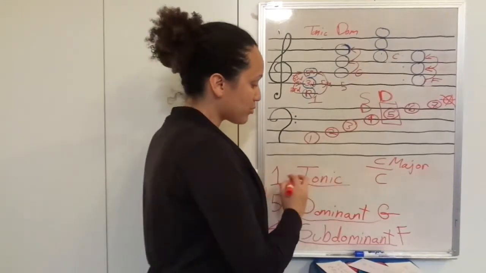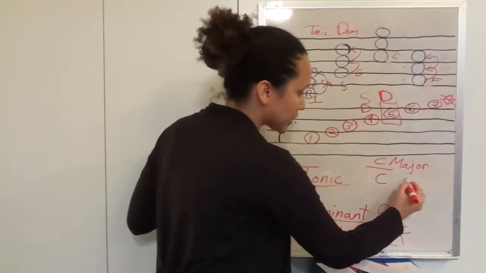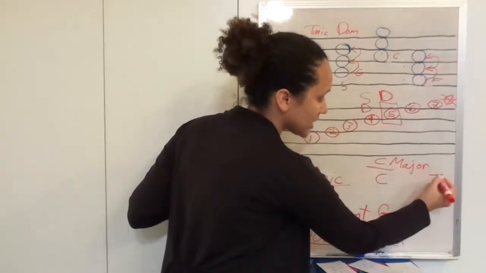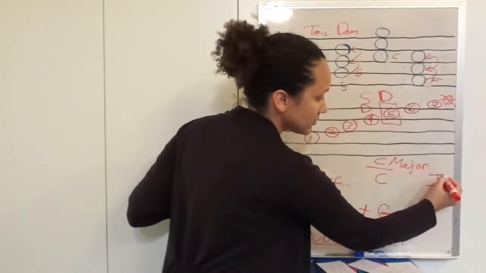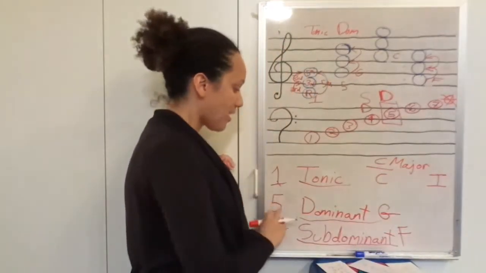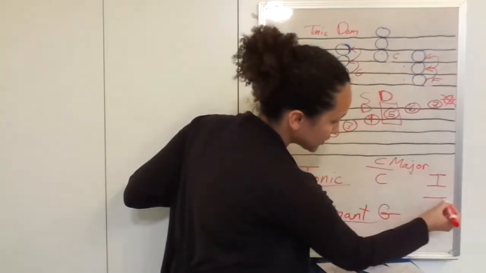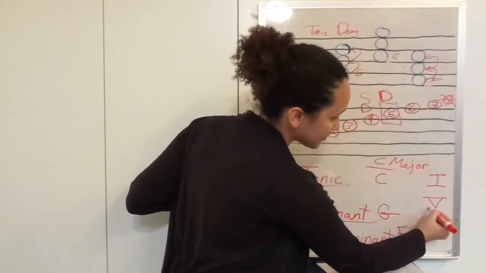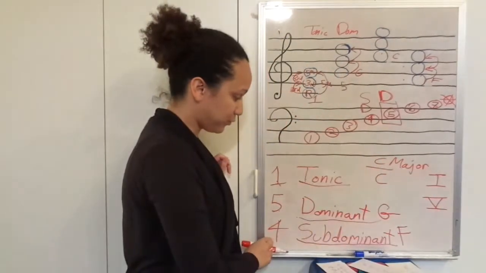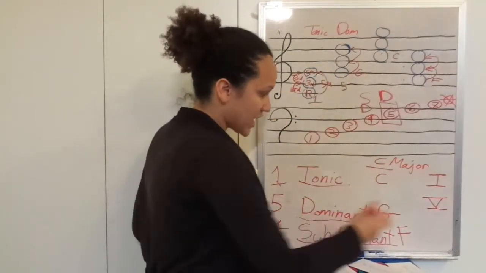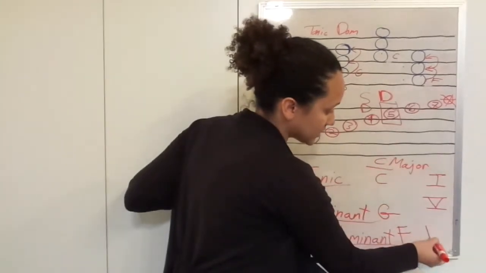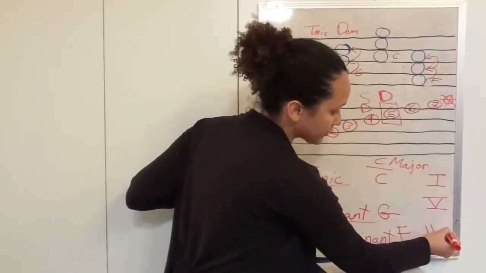So for Roman numerals, this is a 1, so we're going to put a big I here. Roman numeral 1. For the 5 chord, we're going to put a V, Roman numeral 5. And for the 4 chord, we're going to put an IV, Roman numeral 4.